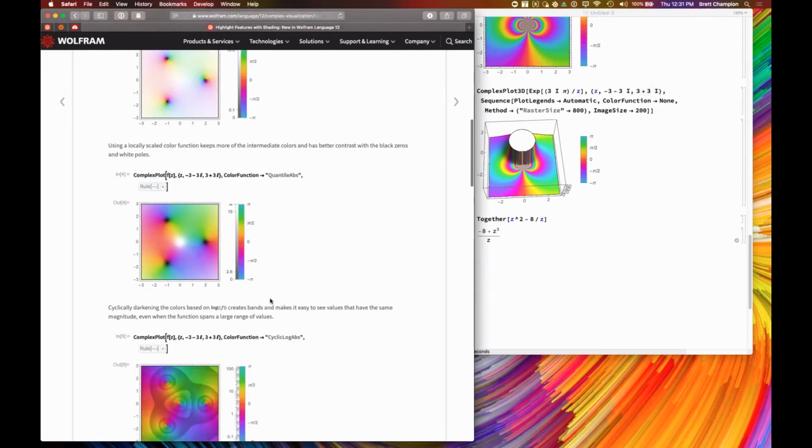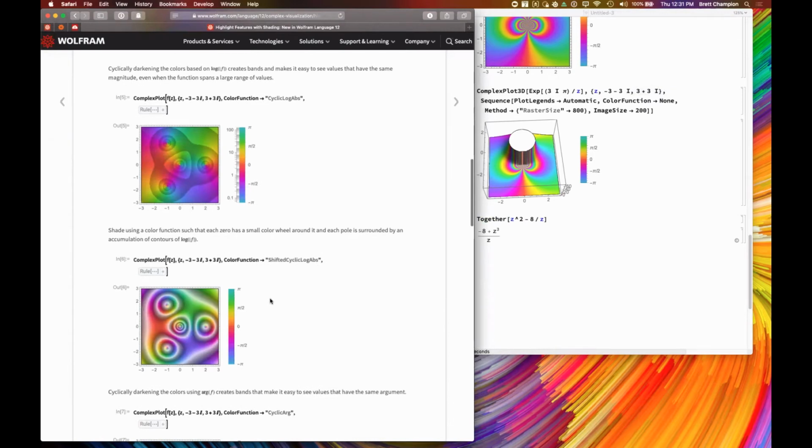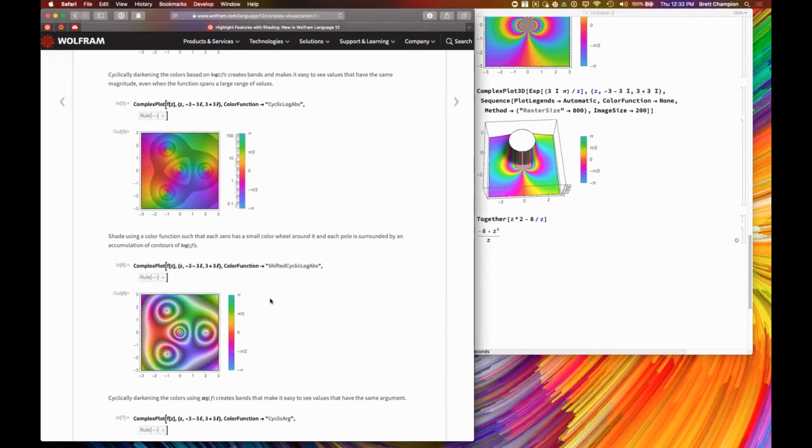And then we get into the really crazy shadings. So for all of these, the colors are the same, and it's just additional shading happening on the colors. And so we have a log scale where every time the magnitude changes by about a factor of 2, it's going to go from light to dark. And so then you can see light to dark, light to dark.